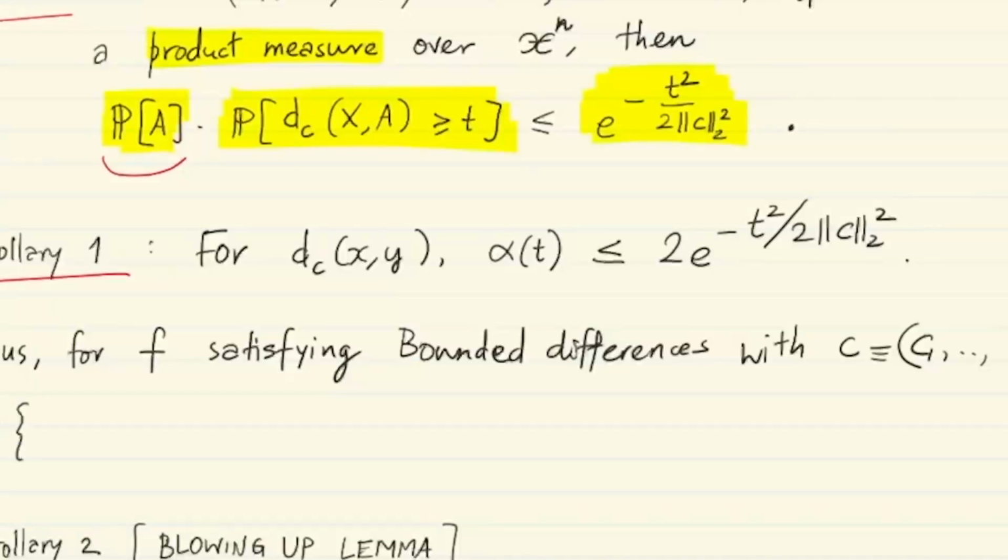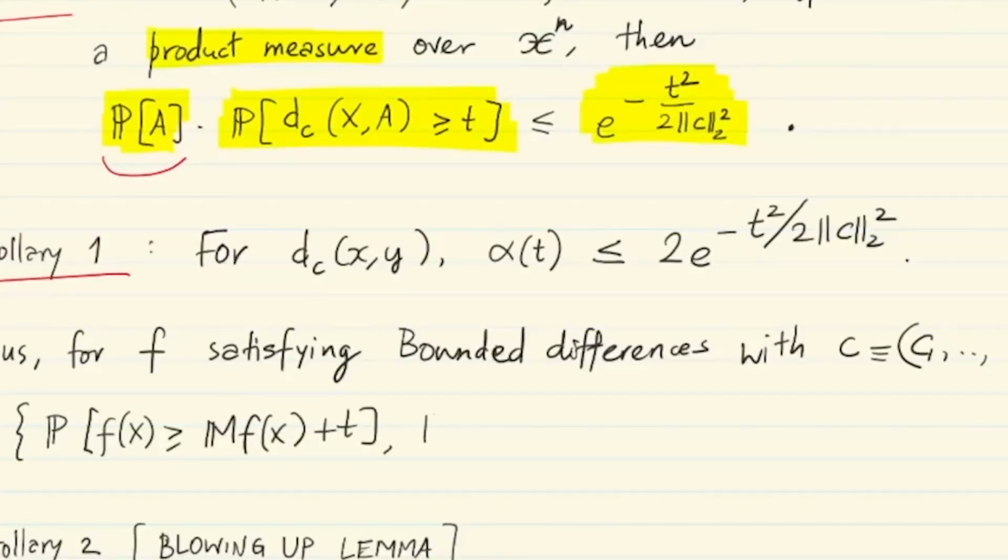We have that the probabilities of f(x) exceeding M[f(x)], which is any median, plus t, as well as f(x) being at most M[f(x)] minus t.